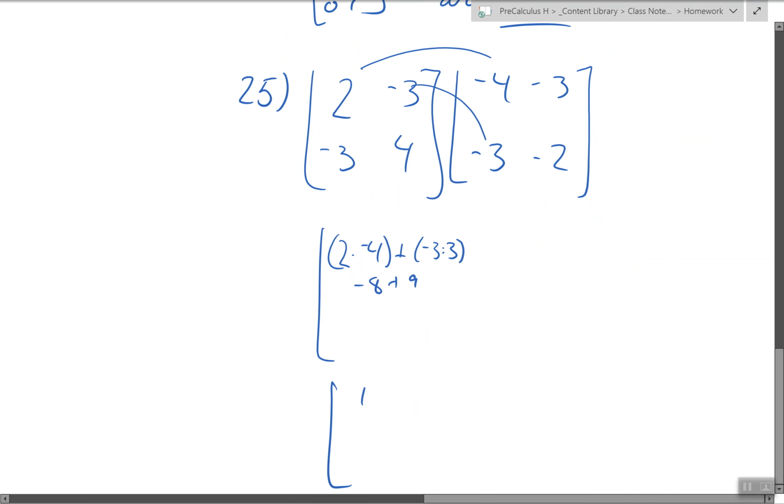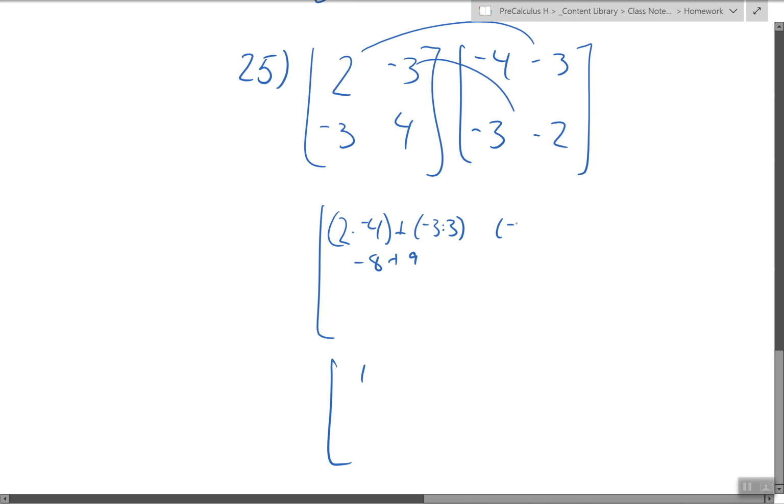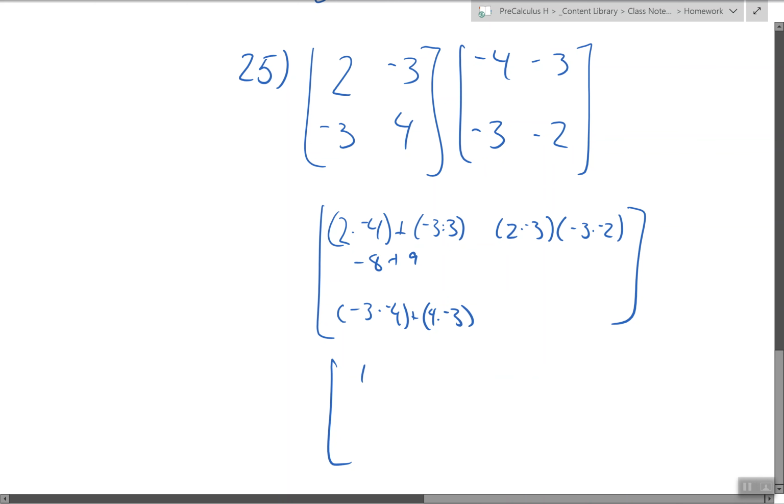Okay, we have then 2 times -3 and -3 times -2. We'll have -3 times -4 and 4 times -3, so we should get zeros out of both of those. And then finally we've got -3 times -3 and 4 times -2.